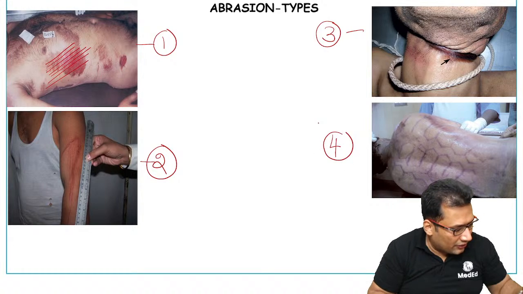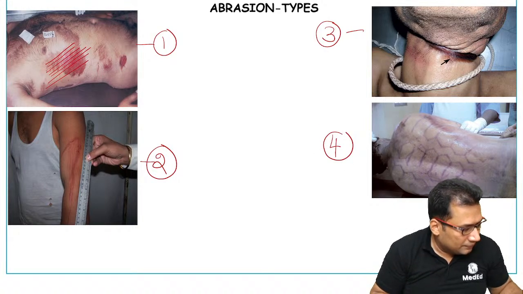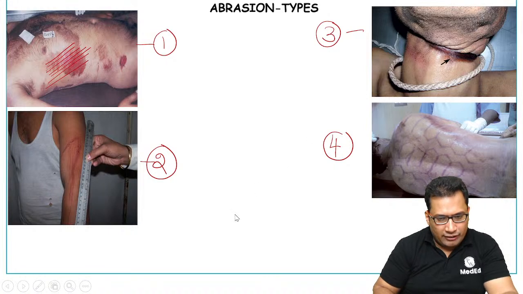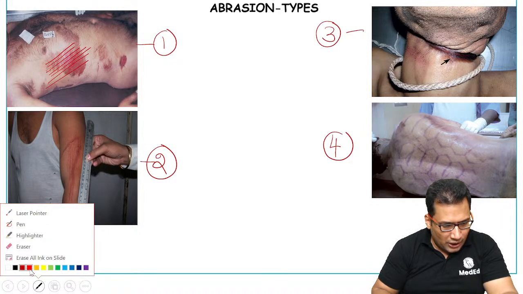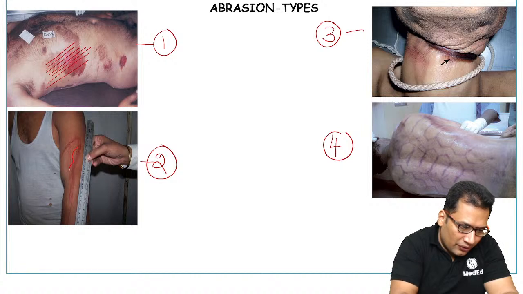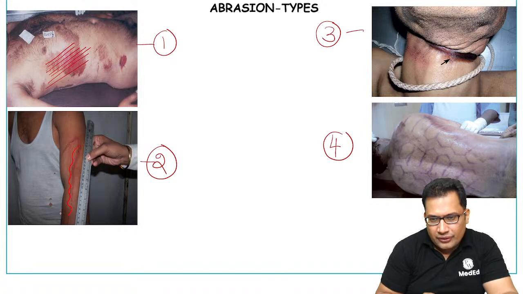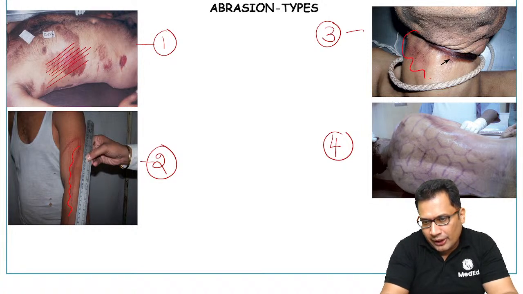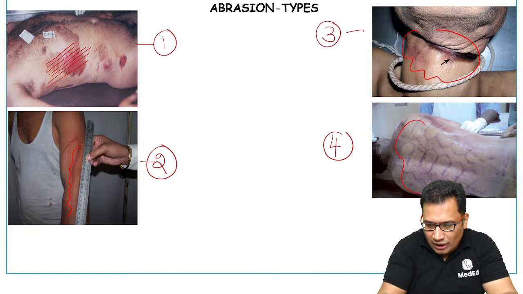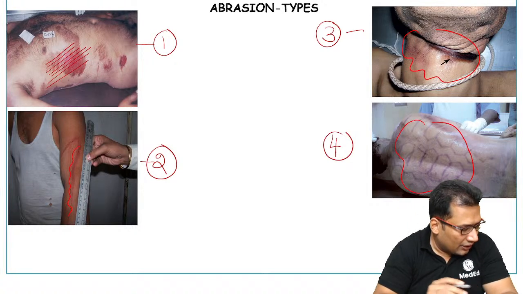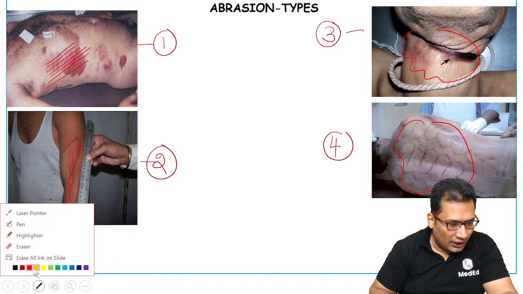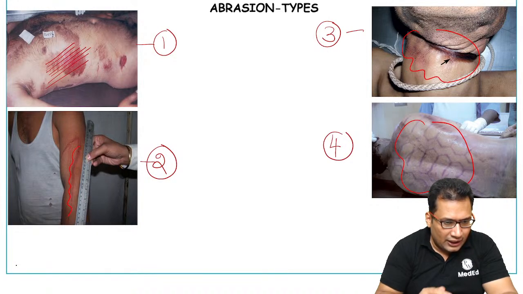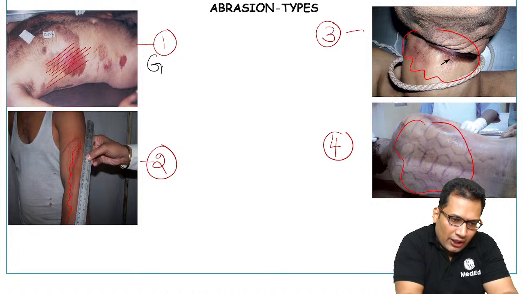What is image number 1, 2, 3, 4, guys? In image number 2 there is an abrasion like this. Yes, one is linear abrasion. Very good. And one is graze abrasion. Very good. Very, very good answer.